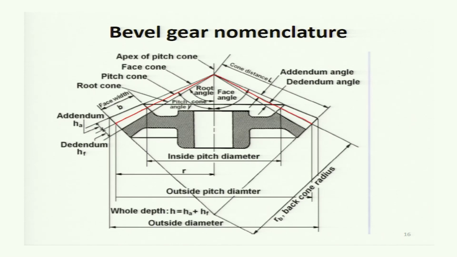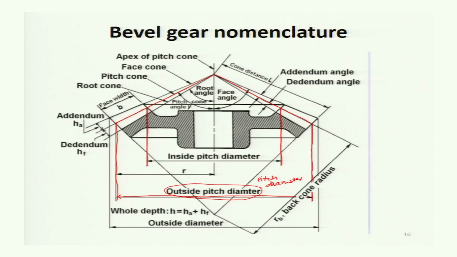The diameter corresponding to this from the big end is the outside pitch diameter or simply pitch diameter of the gear. Why is it said outside? Because when you see from the small end, this diameter will be the inside pitch diameter, but as we know that bevel gears are defined from the big end, this will be called the pitch diameter of the gear.